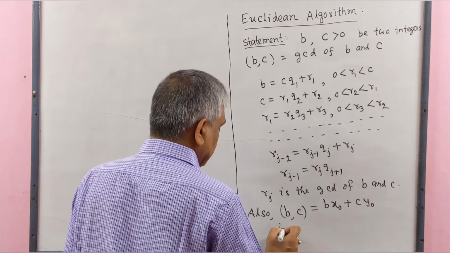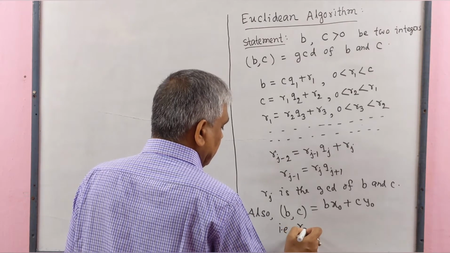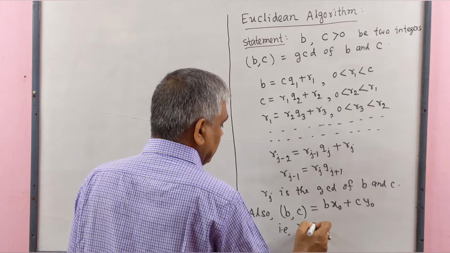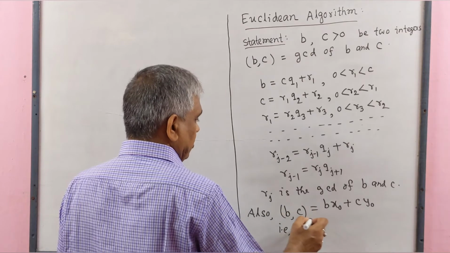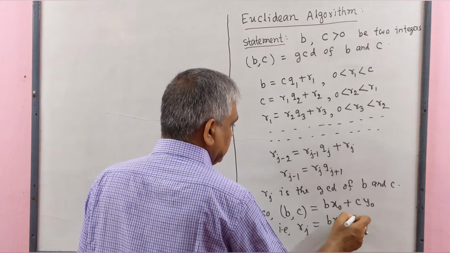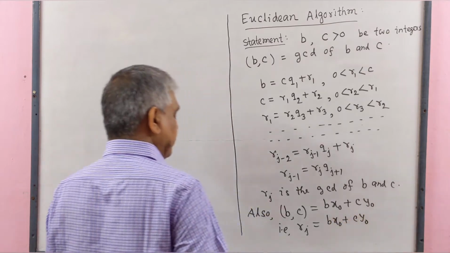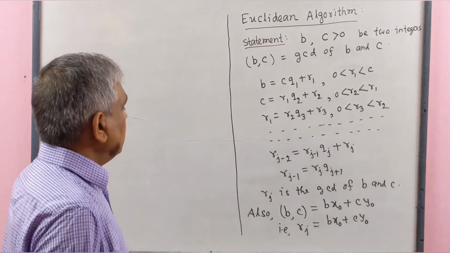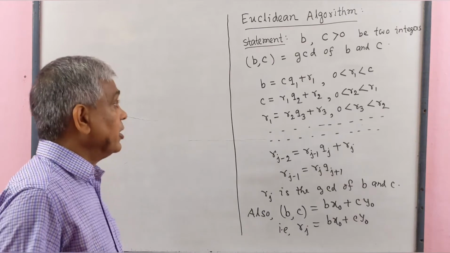That is, Rj equals B x naught plus C y naught. Now we prove this. Proof.